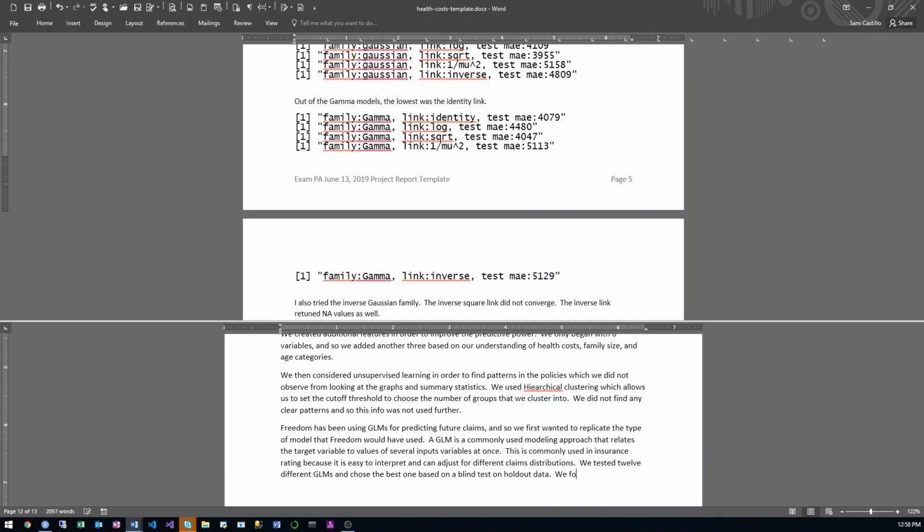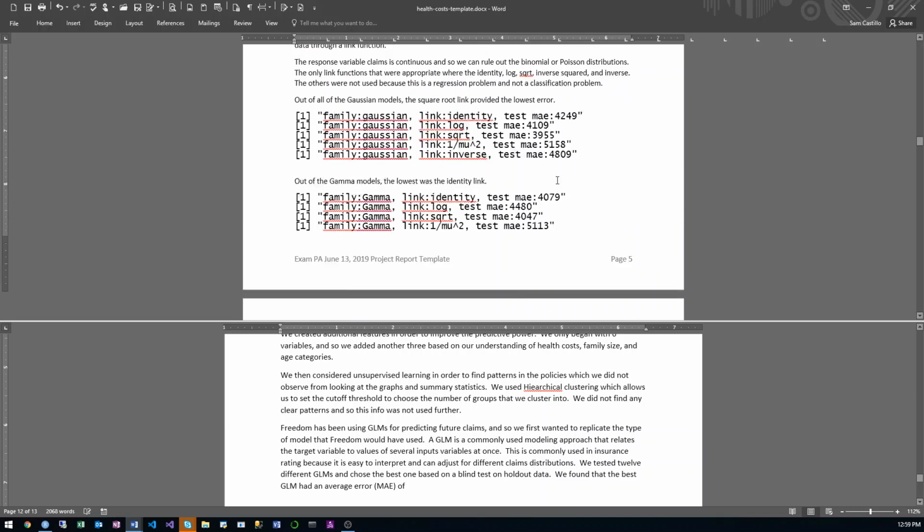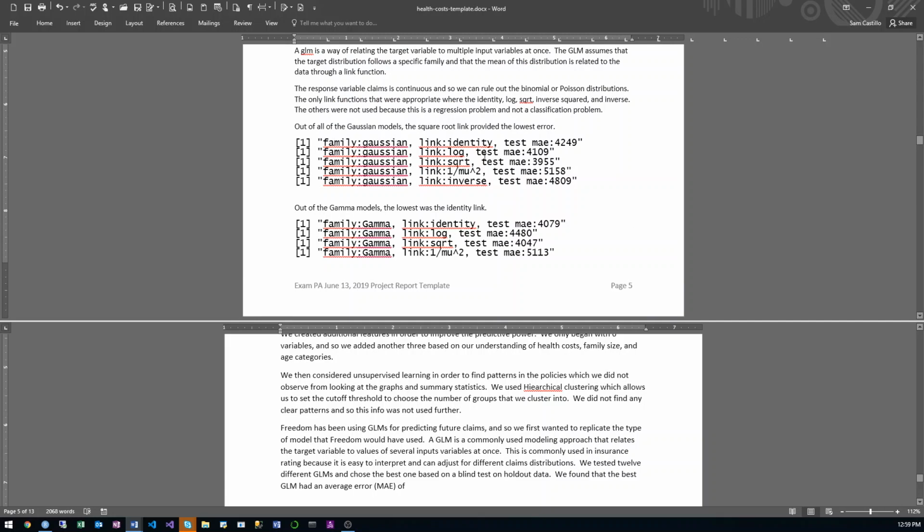We found that the best GLM had an average error, MAE, of, remember, it was the Gaussian with the square root link, 3,955 per year.